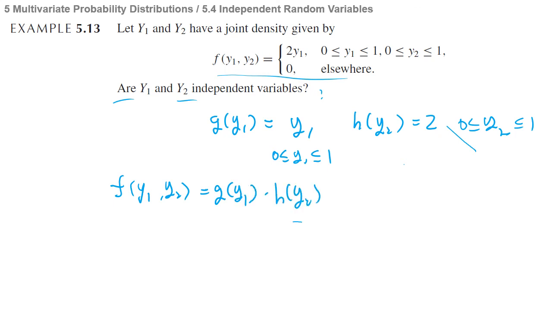And so by the previous theorem, we can say that y1 and y2 are independent.